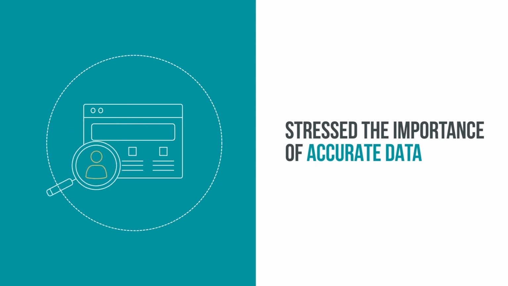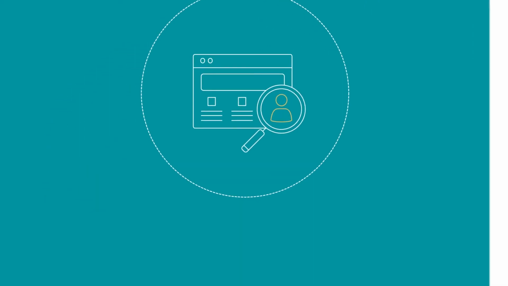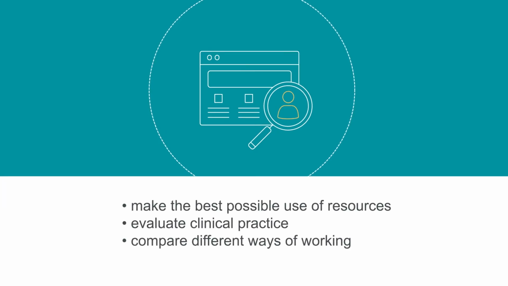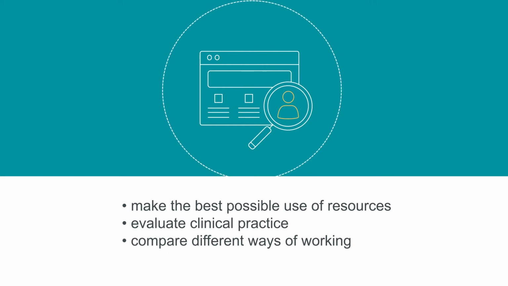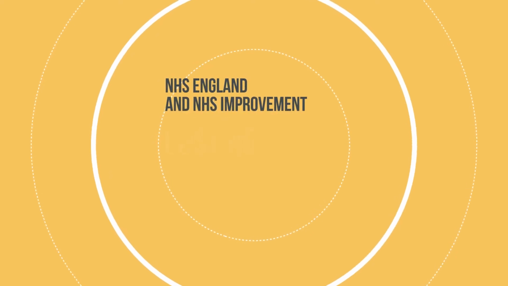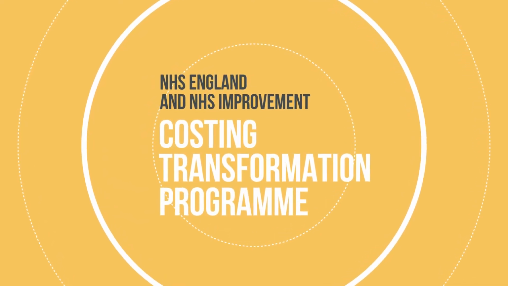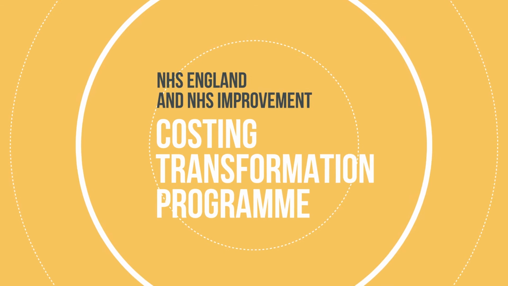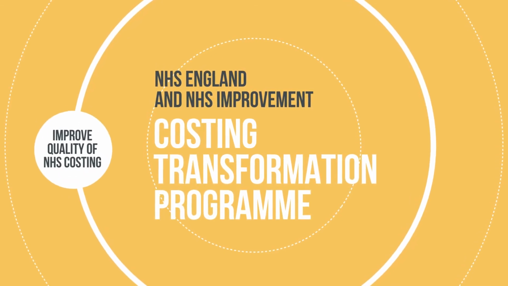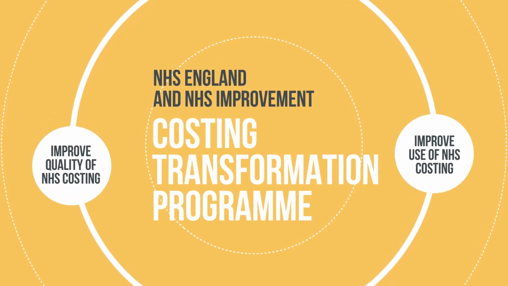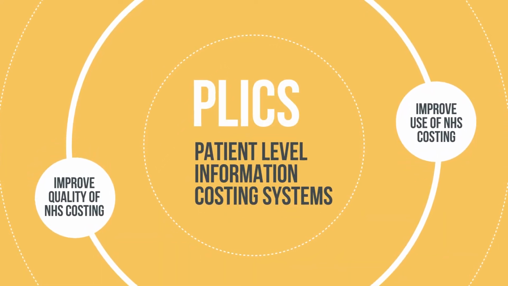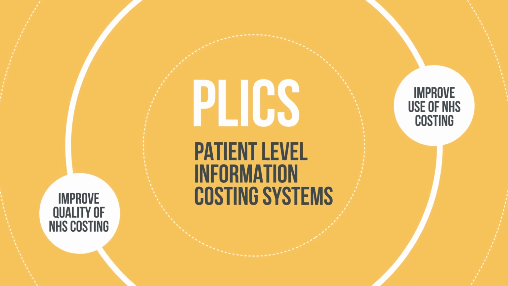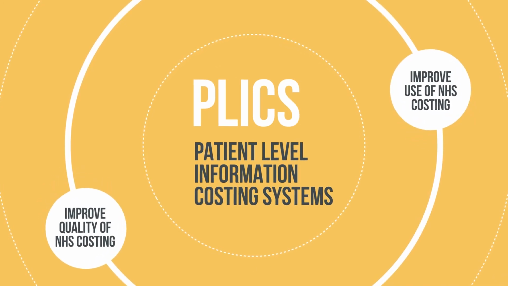Better costing information will allow healthcare providers to make the best possible use of resources, evaluate clinical practice, and compare different ways of working. NHS England and NHS Improvement's Costing Transformation Programme sought to address these inconsistencies, improve the quality and use of costing information in the NHS with the implementation of patient-level information costing systems, or PLICS, across acute, mental health, ambulance and community providers.